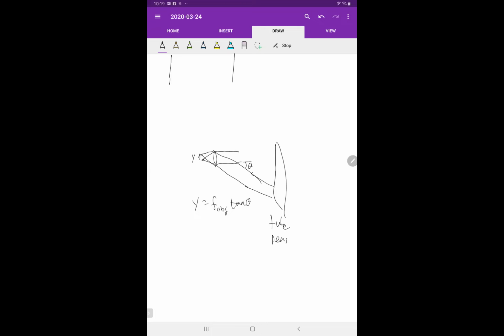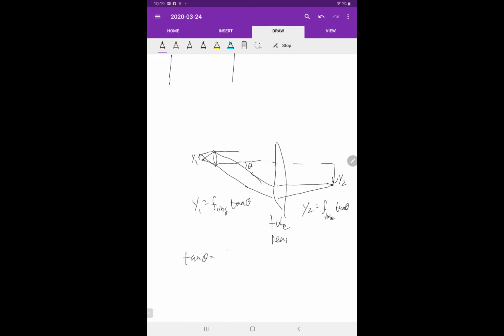They have to get focused at the same point. Yep, they're all going to go to the same point, and that will be at a distance y2, if this is y1. y2 will be f tube tan theta.